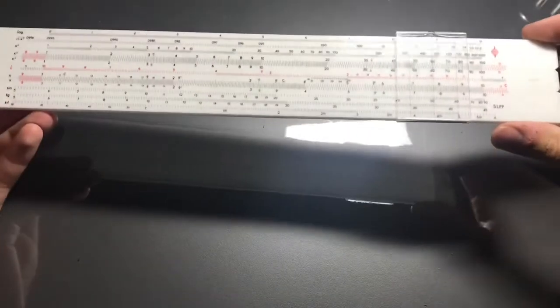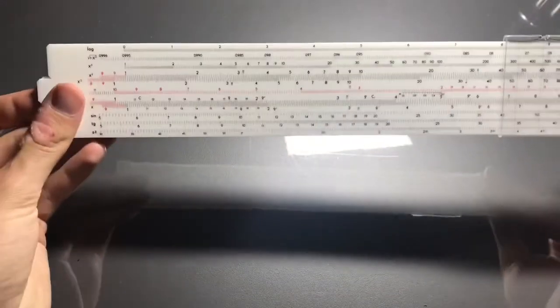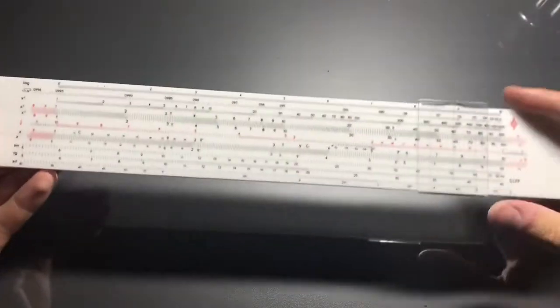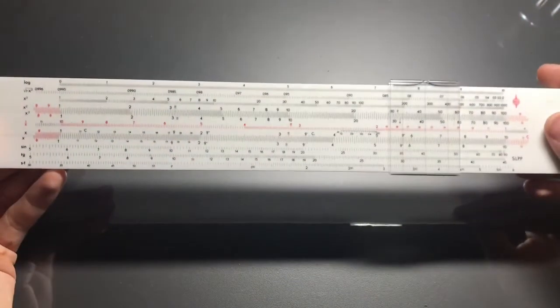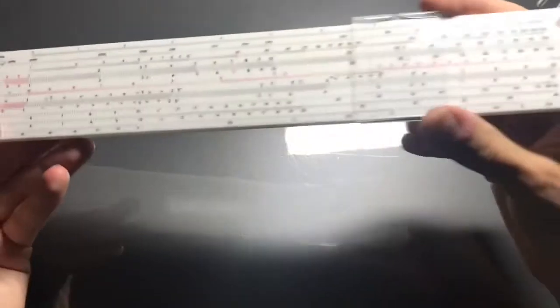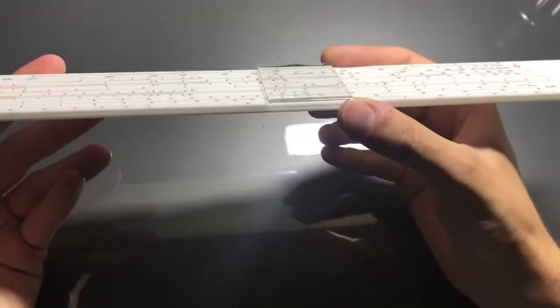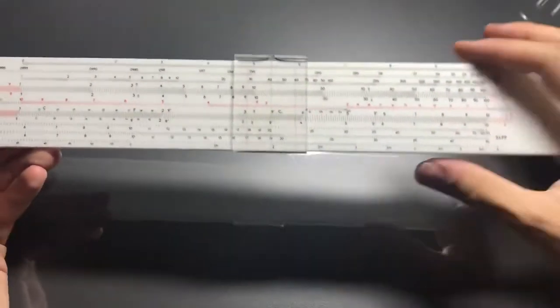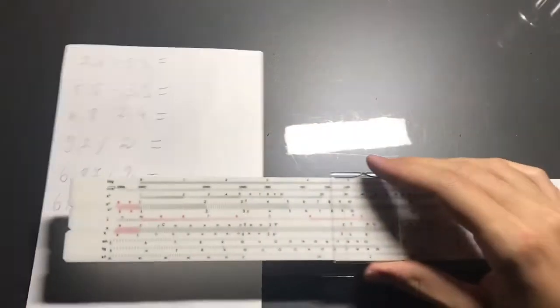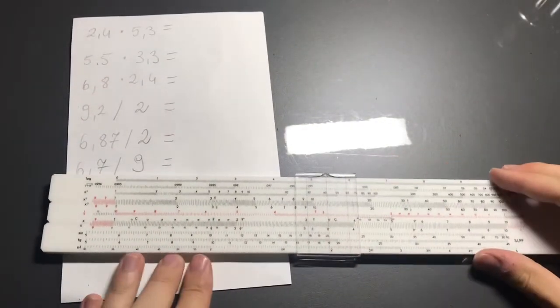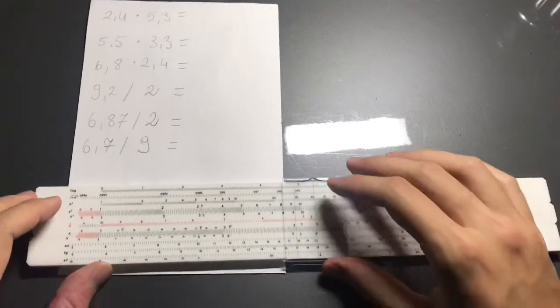We have the stationary part, we have the sliding part, which we can slide, and we have multiple scales on the front, and of course a cursor to take exact measurements. The cursor is like a needle on an analog meter. So here I have prepared a small number of calculations that I want to do with a slide rule.